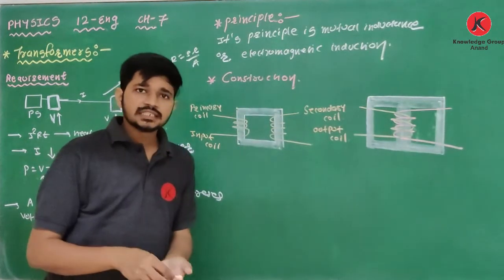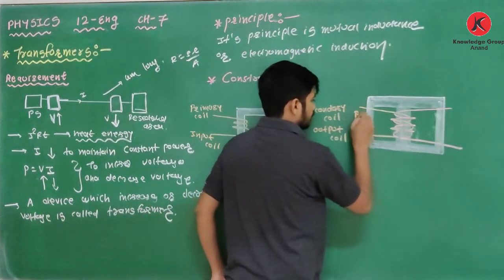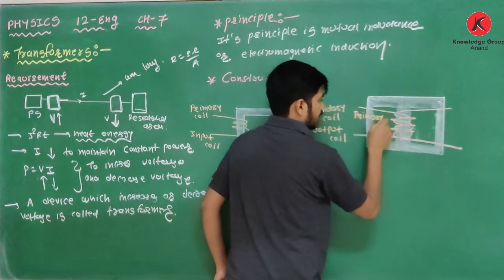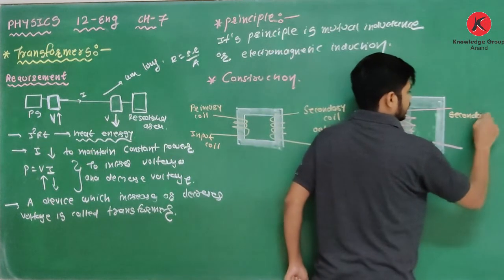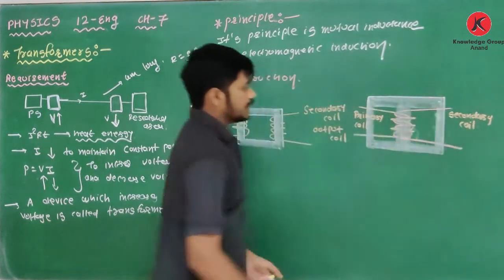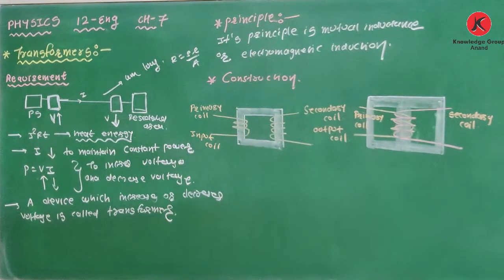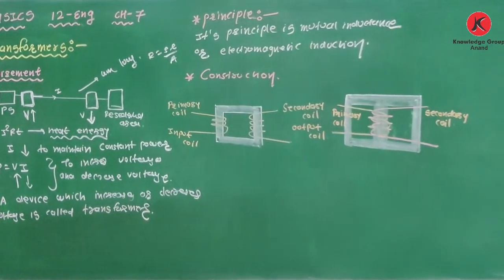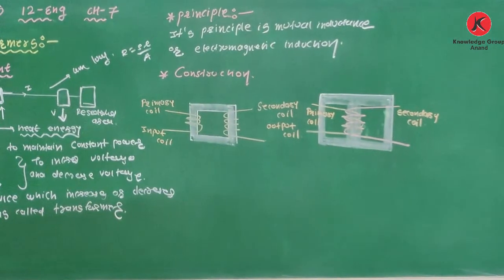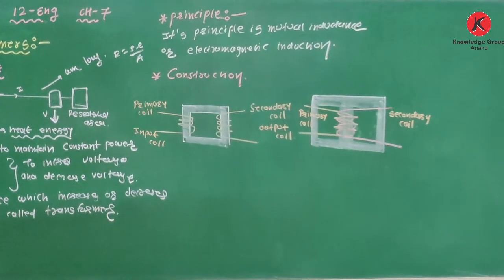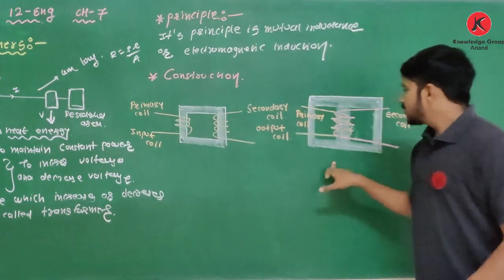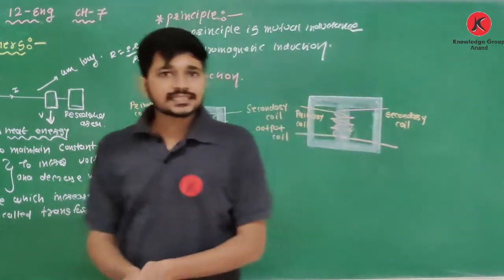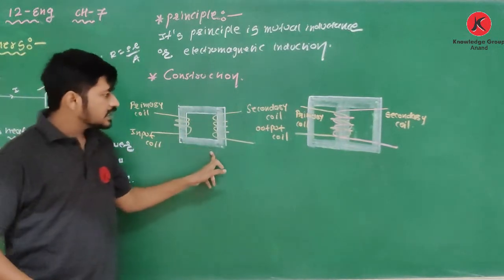So this is the construction of a transformer. We have two coils, primary and secondary, wound on different arms or on the same arm. Clear about this? And this material is made up of soft iron.